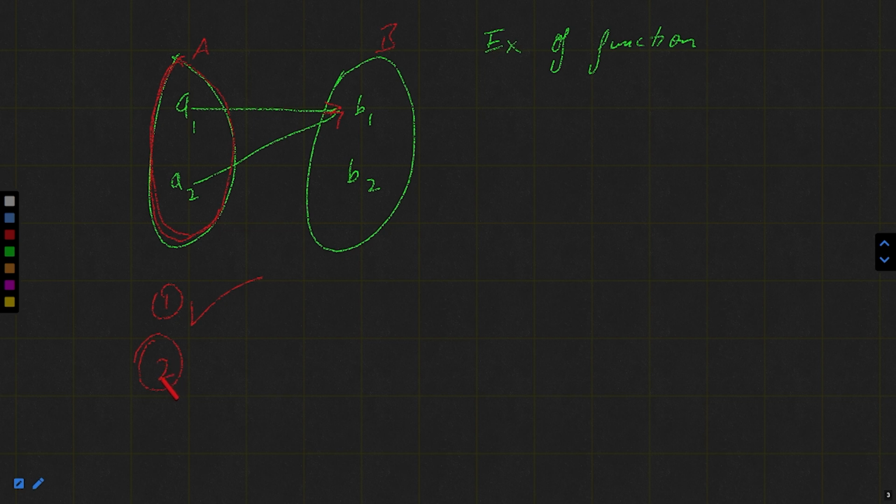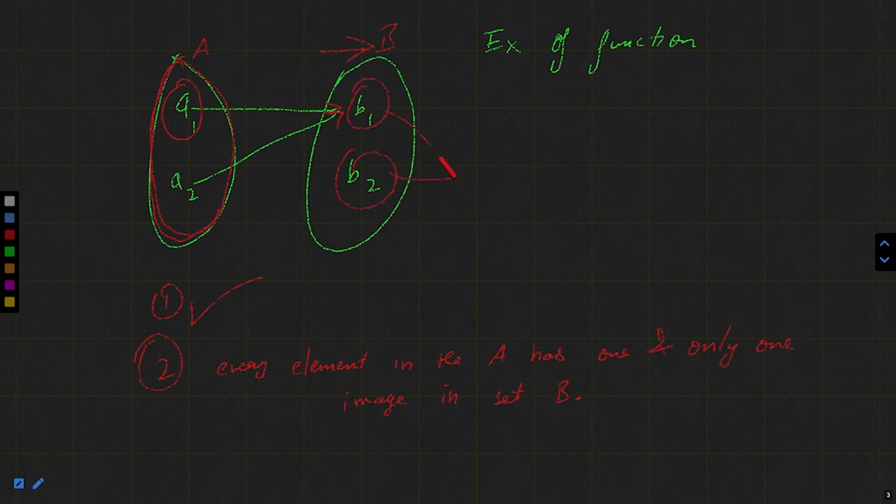Check the second point. The association must be unique. This means this element must be related to only one element in the set B. The association being unique means every element in the set A has one and only one image in set B. Image means these elements.